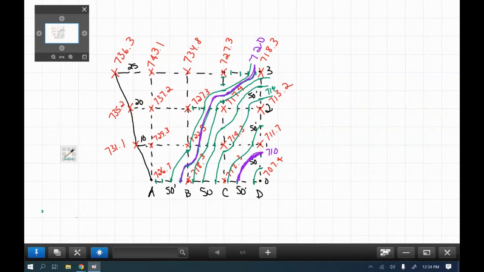Okay, that was 722. 724 is going to be this line. 722, there's a 724 and a 26 in here. So it comes like that, and it comes out. That was 724. Now I'm going to go to 726.